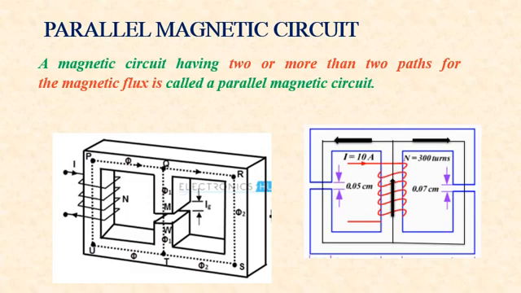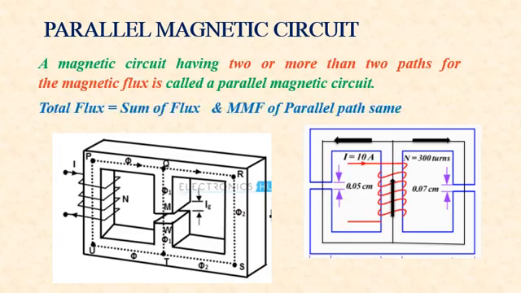Similarly, in a parallel magnetic circuit, the total flux will be equal to the sum of fluxes, and the MMF of the parallel paths will be the same. So these are some of the general guidelines that will help you in solving the numericals on parallel magnetic circuit.